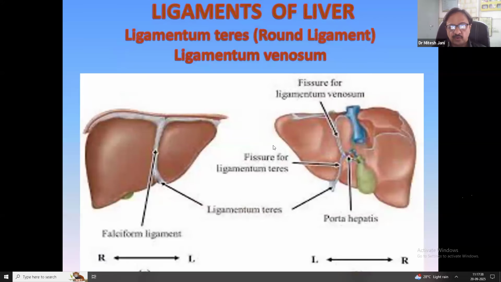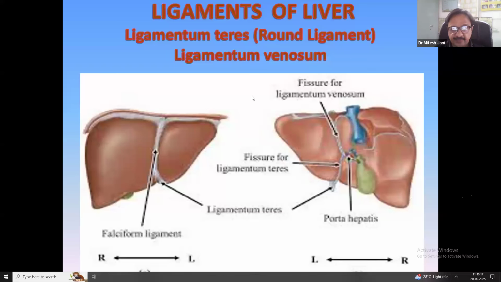Now, the two rudimentary ligaments are the ligamentum teres, also named the round ligament, and the ligamentum venosum. These two ligaments are rudimentary because after birth they are converted into fissures. First, the ligamentum teres.